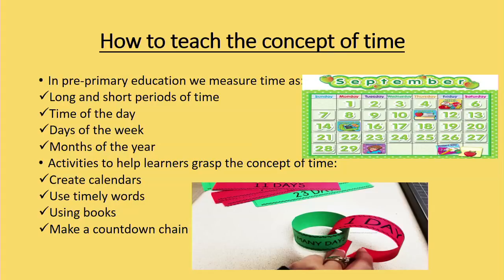So now I make a chain of the number of days, and as the days go by, I just get rid of one of the links of the chain. So by the end, the shorter the chain becomes, the closer it becomes to the holiday. Those are just examples.